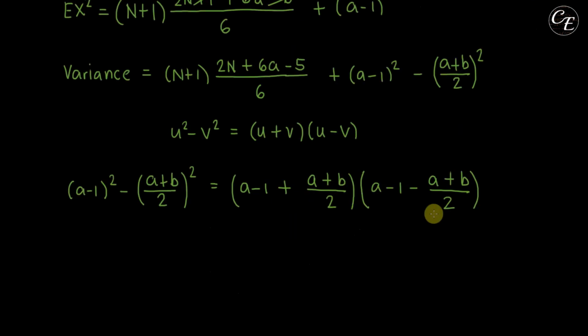Then in here and in here we can have a common denominator of 2. So for this we have 2 times a minus 1 or 2a minus 2, then plus a plus b.